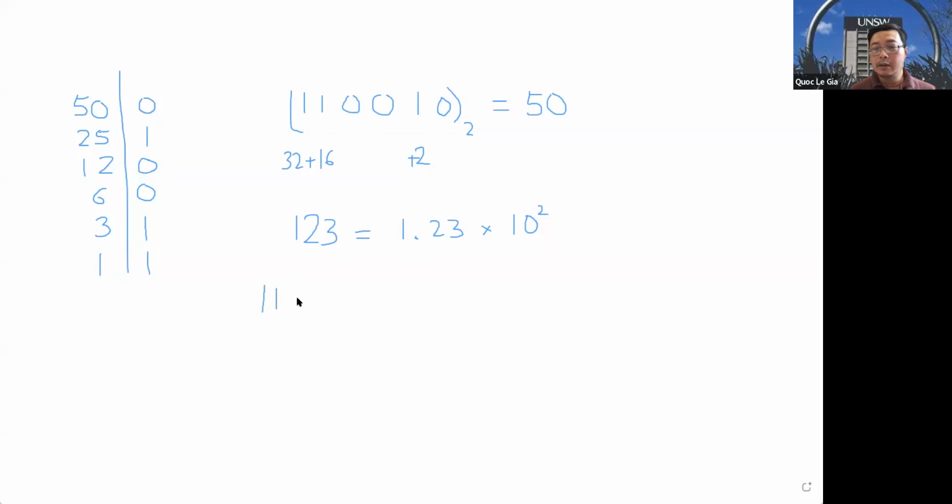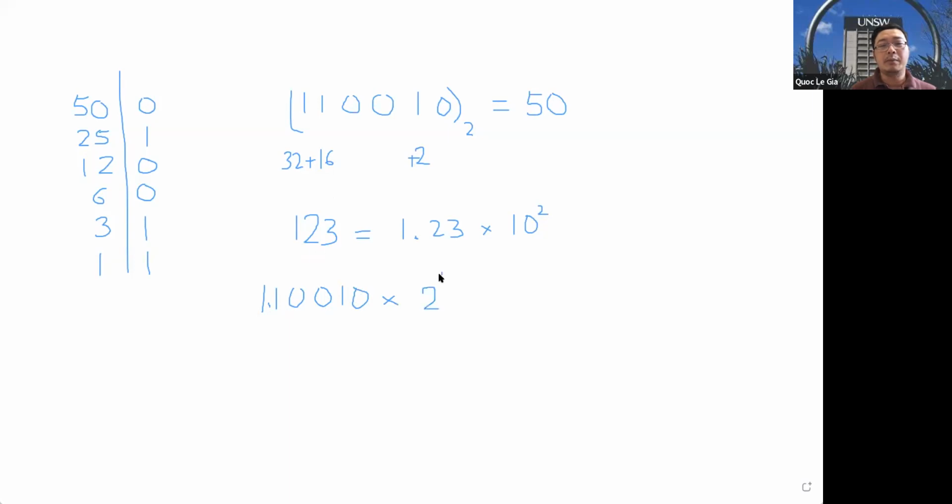Can you put binary digits as elements in a vector, and then take the dot product? Yeah, exactly. So in the case of binary, I can do the same. I just move the dot: 1, 2, 3, 4, 5, 5 places.